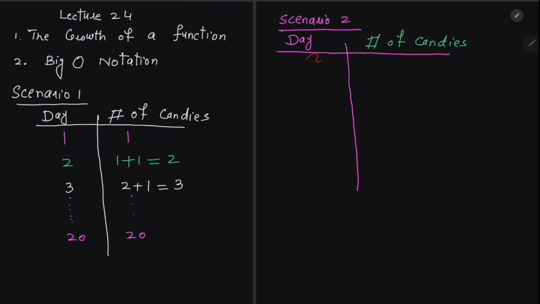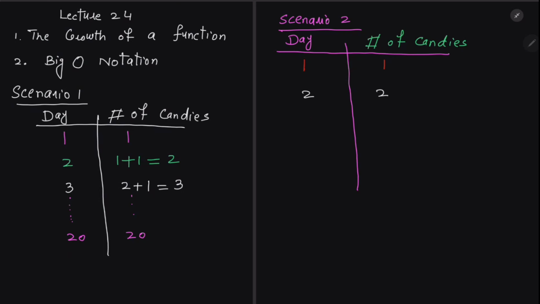On day 1, you have one candy that is given to you. On day 2, since you are getting double of the previous day, you have two candies.